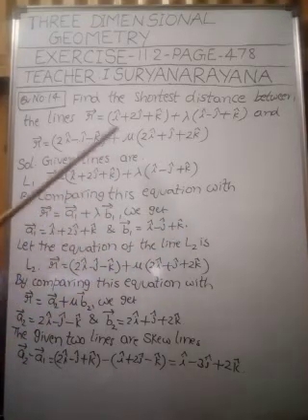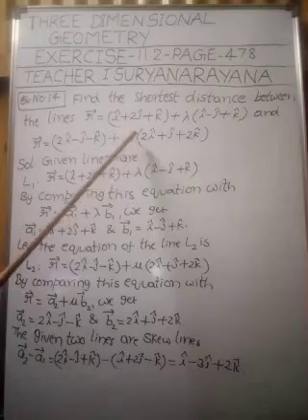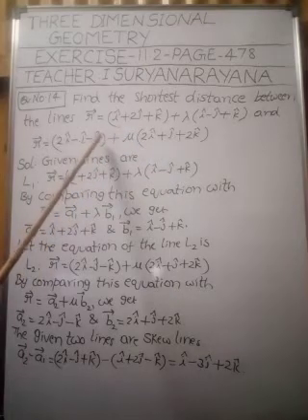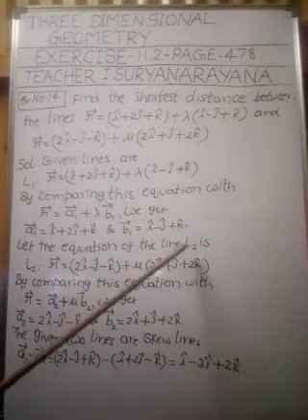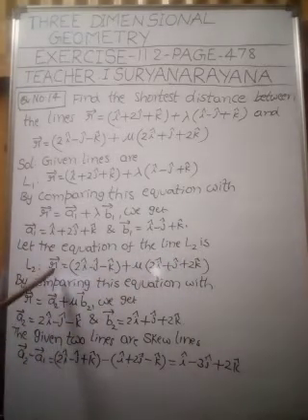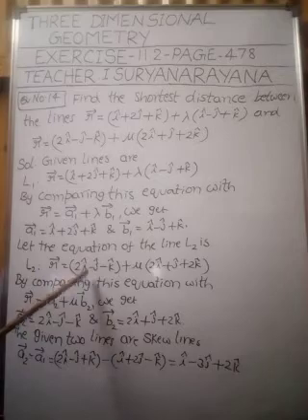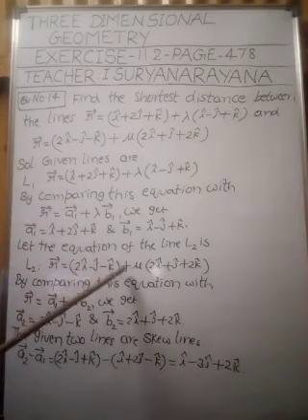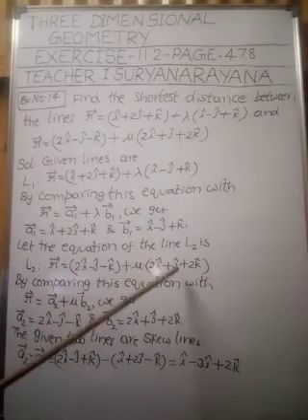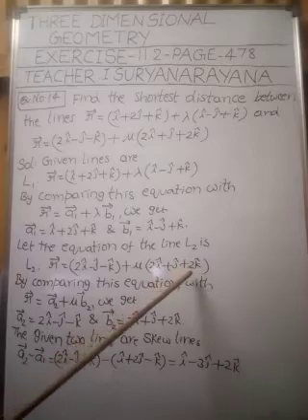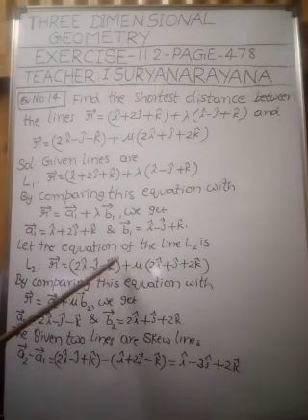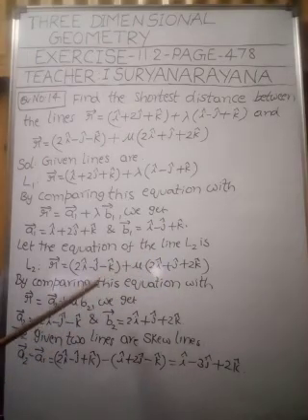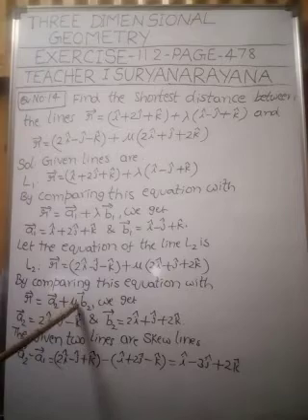Right. Similarly, let us take the equation of the second line. This is the equation of the second line. Let the equation of the line L2 be r bar is equal to 2i cap minus j cap minus k cap plus mu into (2i cap plus j cap plus 2k cap). Here also let us compare this equation with r bar is equal to A2 bar plus mu B2 bar.